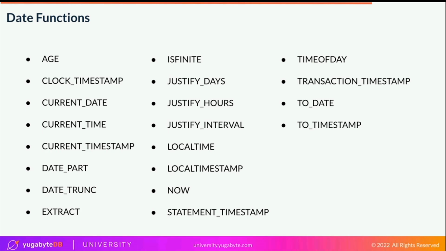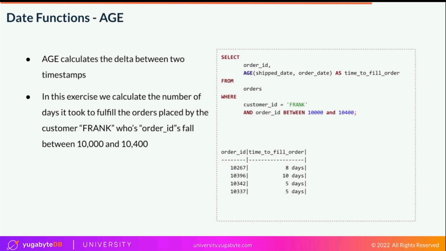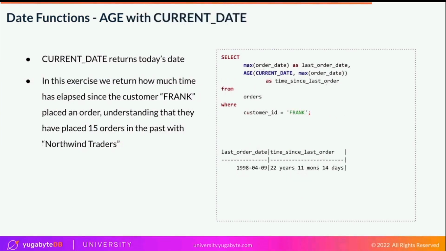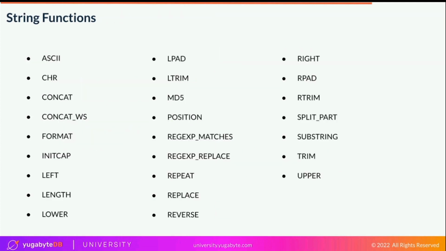Great blogs on date functions and date time parts and the like, for even Postgres or MySQL folks to really nerd out. So if you want to do something like age of an order, you can do that between two dates, or age with the current date, pretty straightforward. In this example, age, current date, max, order date.